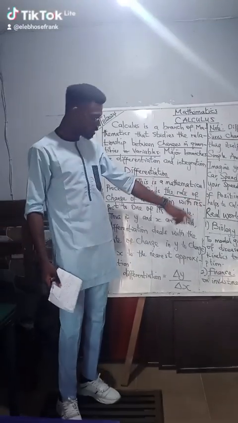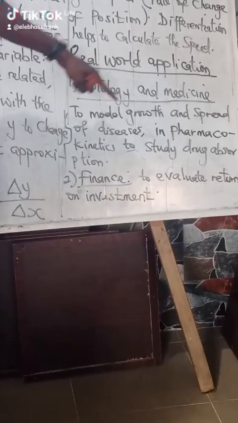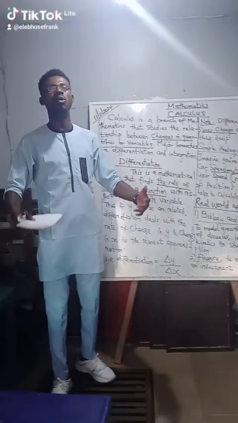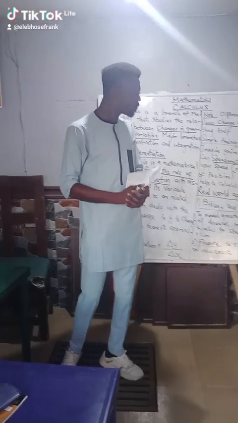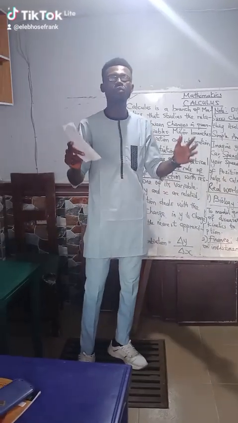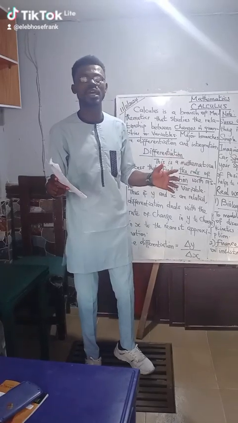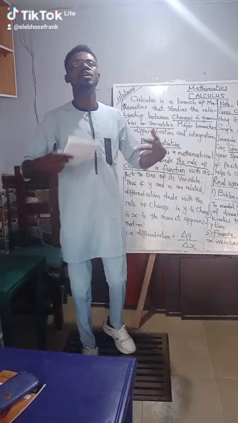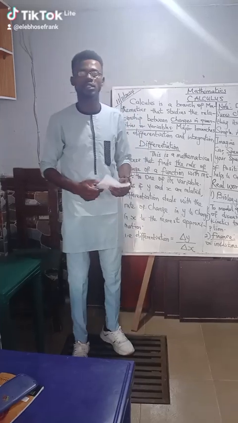Another application is in finance, to evaluate your return on investment. We can go on and on to state major real-world applications, but we're going to stop here and move on to the main subject matter, which is the types of differentiation, and then see how we can do some calculations involving differentiation.